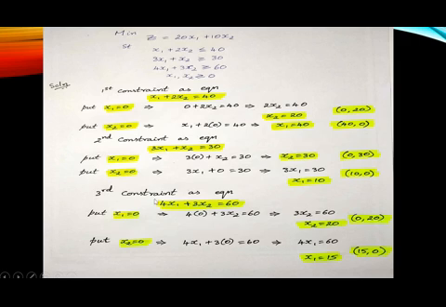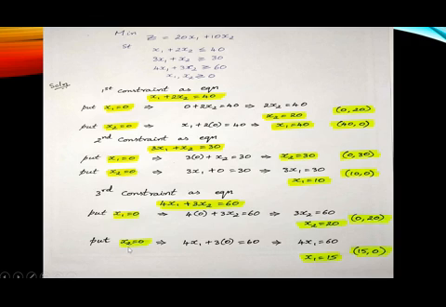Now considering the third constraint as an equation, the third constraint was 4x1 + 3x2 ≥ 60. As an equation, it becomes 4x1 + 3x2 = 60. When I put x1 = 0, I get 3x2 = 60, therefore x2 = 20. The point will be (0, 20).